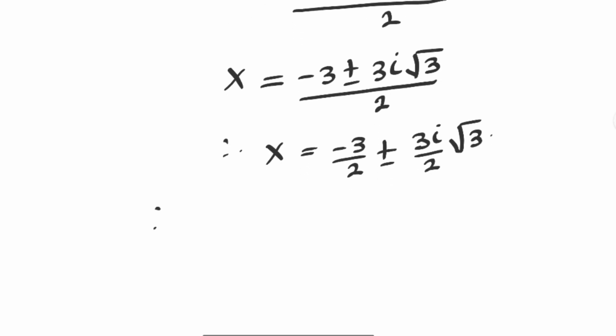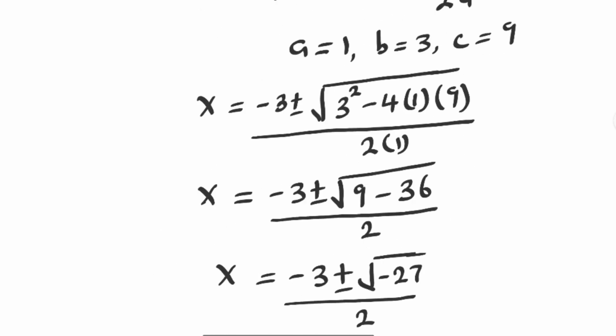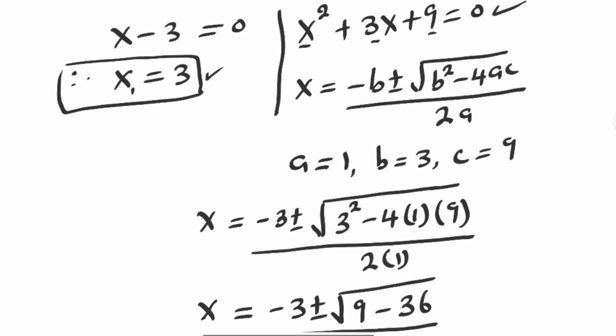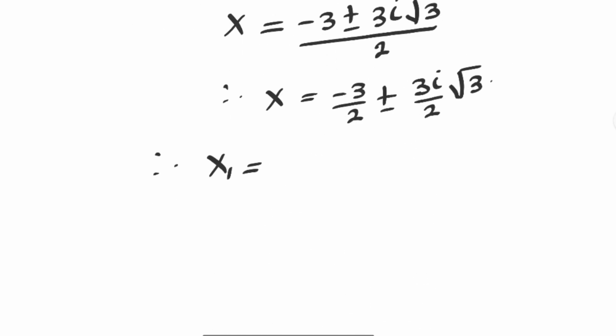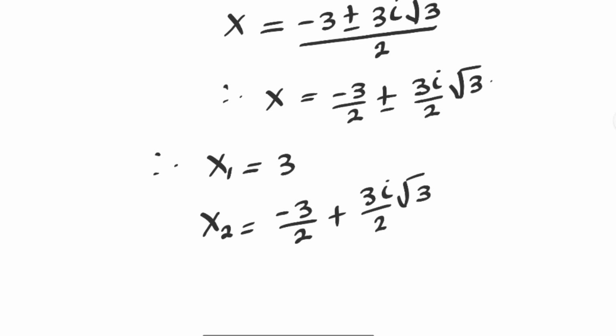Our final answer: s1 is equal to 3. S2 is equal to minus 3 over 2 plus 3i over 2 root 3.